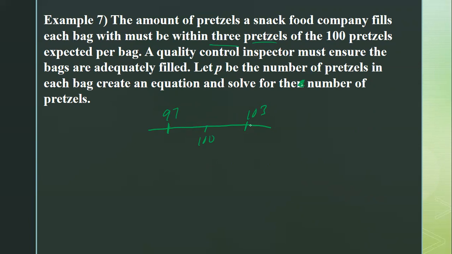So when you're doing this, that means that you have the distance from here to here equals 3, correct? The distance from here to here equals 3. Keyword is distance. Distance equals 3. So that means we have an absolute value that equals 3.